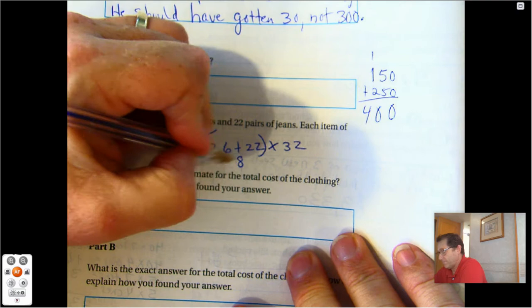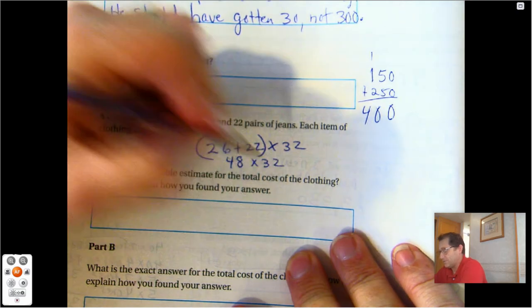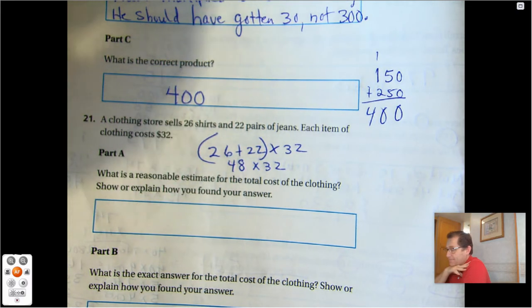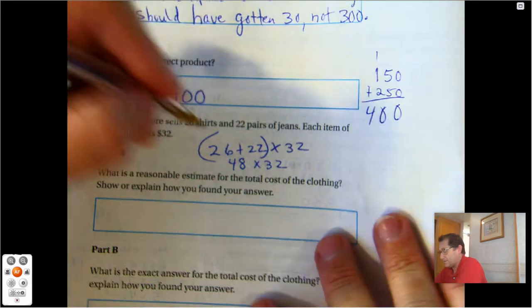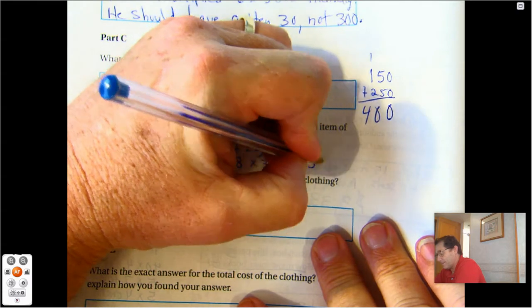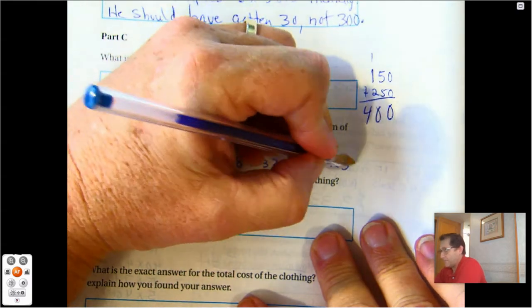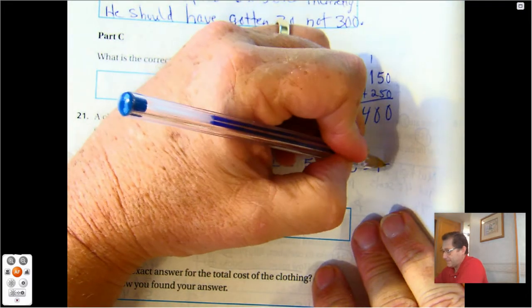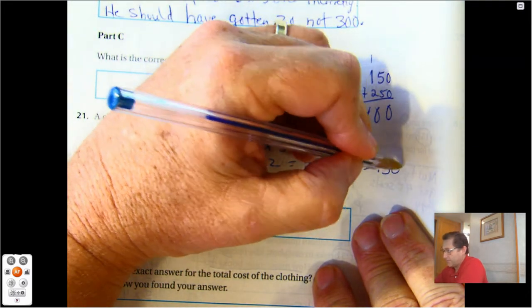So what's a reasonable estimate? Well, 48 can get rounded to 50, and 32 can get rounded down to 30. So 3 times 5 is 15. Add the 2 zeros from each of the tens. So it's going to cost them about $1,500.